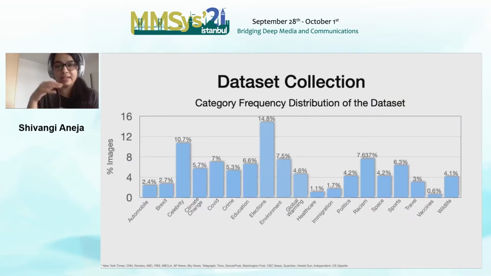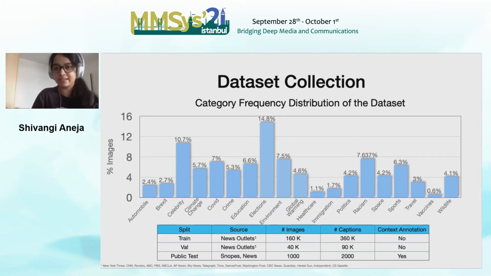We collected captions on a wide variety of topics, from elections, environment, global warming, racism, especially the topics where there's more misinformation. In the end, we provided a large data set with more than 100,000 images for training and validation, and a very tiny test set, gathered from fact-checking websites like Snopes, on which we evaluate our results.